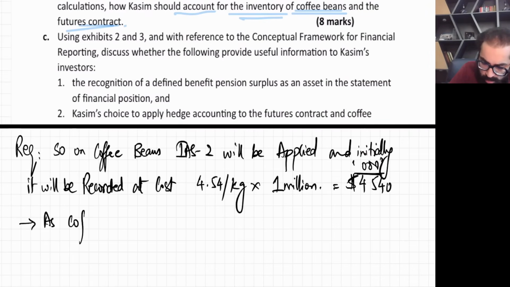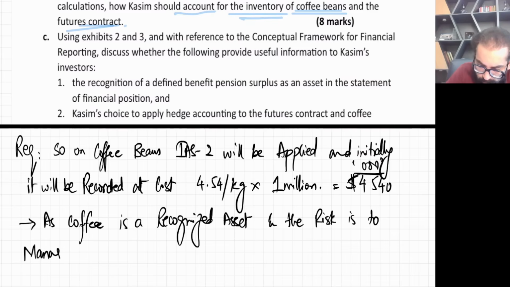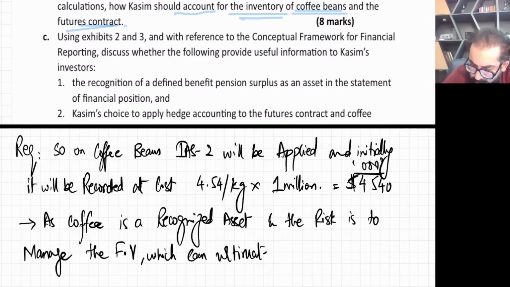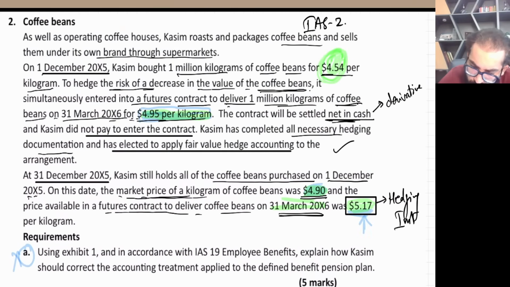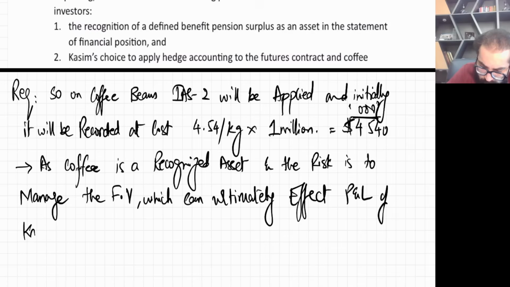As coffee is a recognized asset and the risk is to manage the fair value, which can ultimately affect the P&L of Qasim, right?